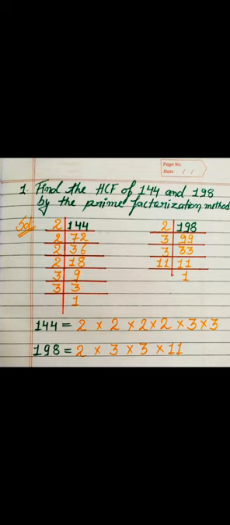First we will find the prime factorization of each number. Here, first we find the prime factorization of 144, then the prime factorization of 198. Now we will see which factor is common in both the prime factorizations.